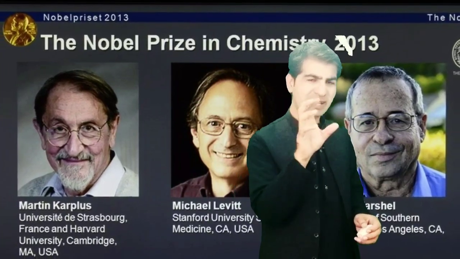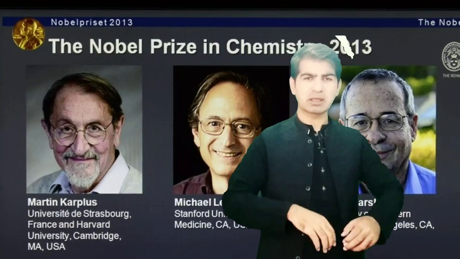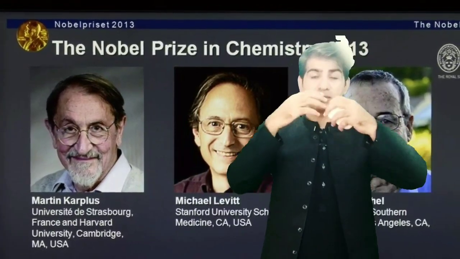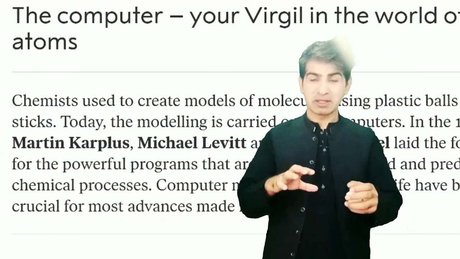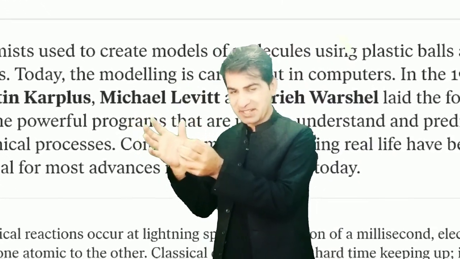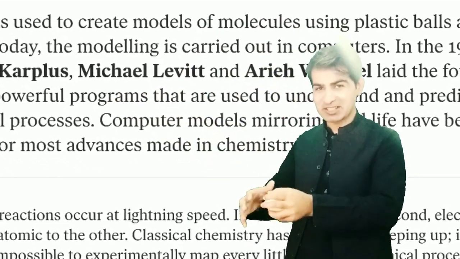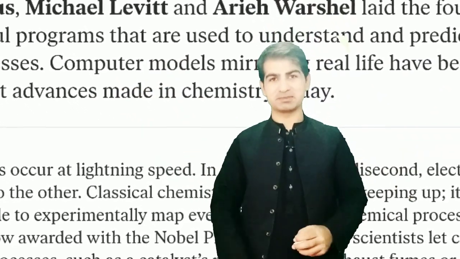Those complex chemical systems were studied via computers, so they played a very different, unique role. After that, computational chemistry was considered a different field, and now it is a completely different field of chemistry.